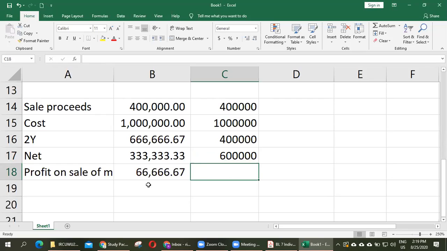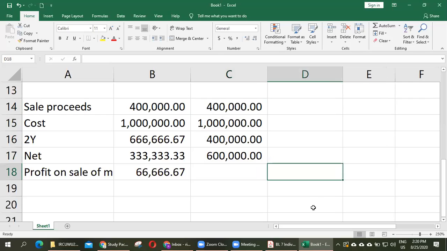Profit, loss, loss. Yeah, the answer is loss. How much loss? Loss how much? How much loss?